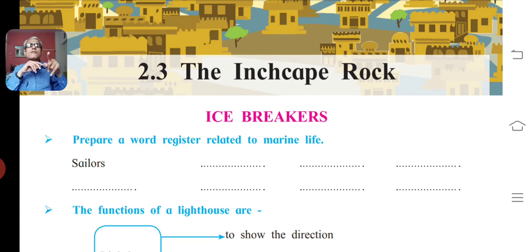Here you will have to write the words related to marine life. One is already given, and that is sailors. Other words are ship, boat, sail, mariner, port, harbor, anchor, sea, etc.